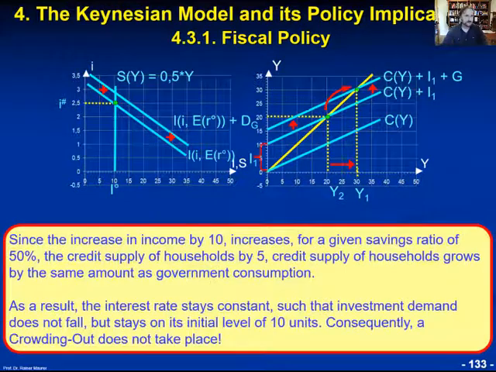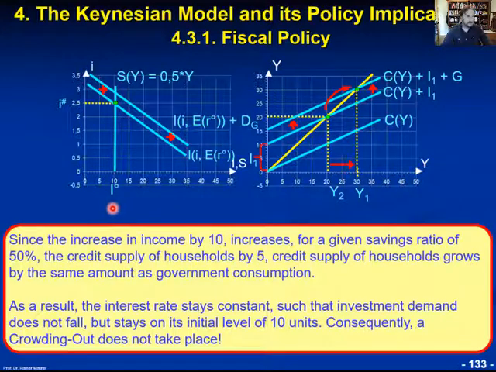However, this does not happen, since the increase in income by 10 units, which we have observed here on the market for goods as a result of the increase of government expenditure, causes an increase of savings by 50%, the savings ratio, times 10 units, which equals 5 units, the length of one little quad.